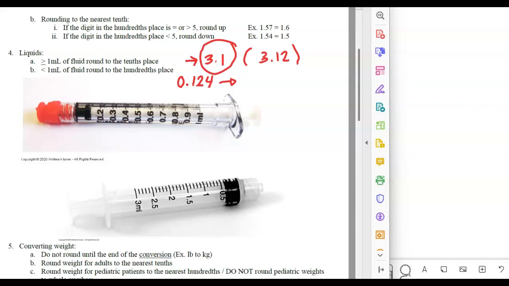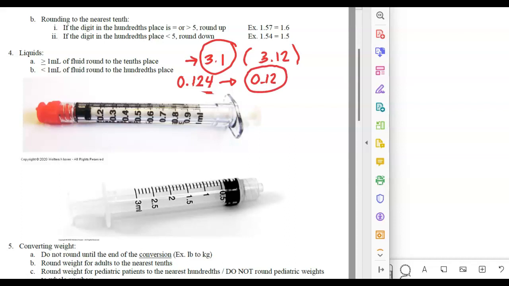As we discussed earlier, we look at this number right here, and if it's less than 5, then we round down. So this becomes 0.12. So that's going to be your answer.